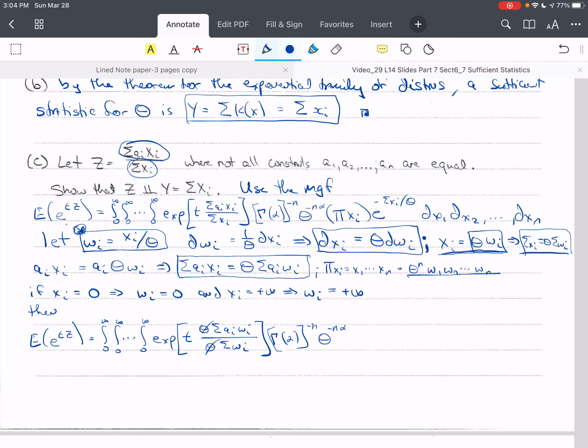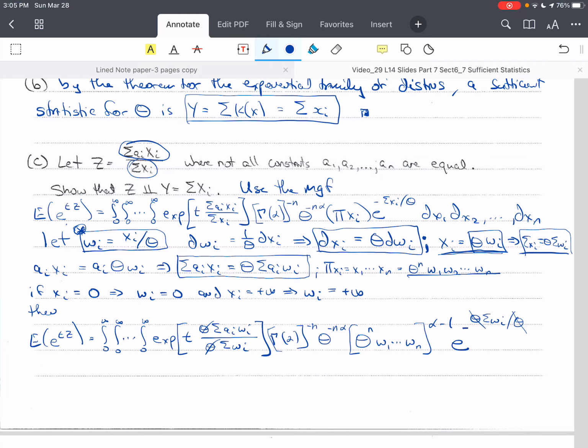And then I have theta to the n, w_1, w_2 up to w_n, raised to the, that's the x sub i product, raised to the alpha, not alpha i, alpha minus 1, whoops, wrong thing, alpha minus 1, e to the negative theta sum of w_i divided by theta.